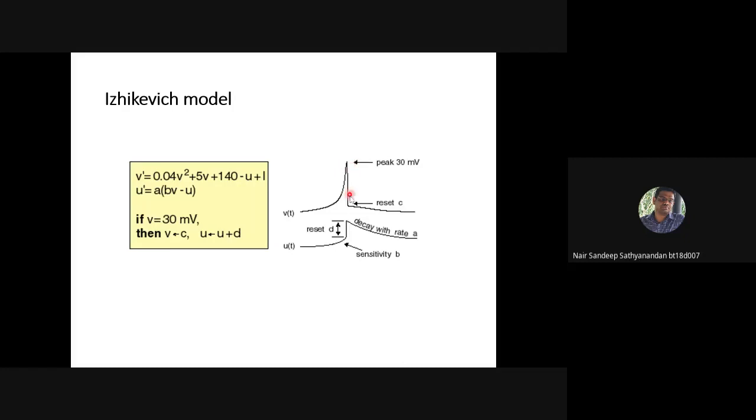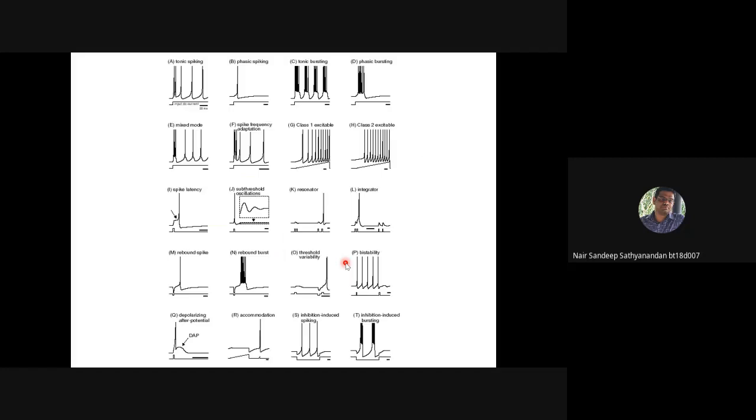The voltage is brought back to the reset value C. At the same time, the recovery variable changes from U to U plus D, and then decays at a slower rate, the rate of decay being A, finally attaining a level which differs by D. That is the reset difference. So this is what we will be modeling, describing all these 20 types of behaviors.